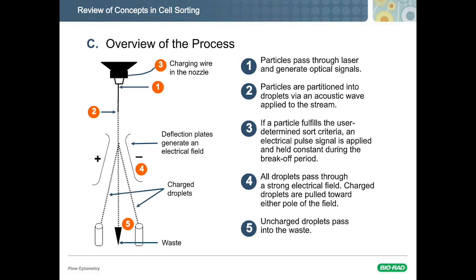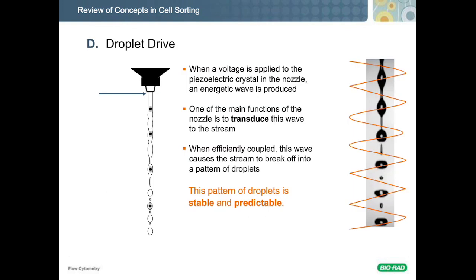To jump in on the droplet drive portion of that, we talked about there's a piezoelectric crystal that's vibrating, and that's forcing standing waves down onto the column of liquid. Those standing waves couple the energy through, and because it's coupled and forcing it on there, the droplets are going to break off. And by driving that energy, we can make them break off at a very stable and predictable point.